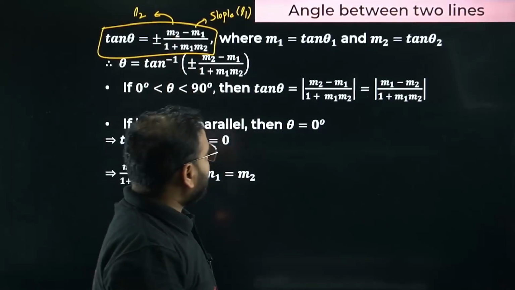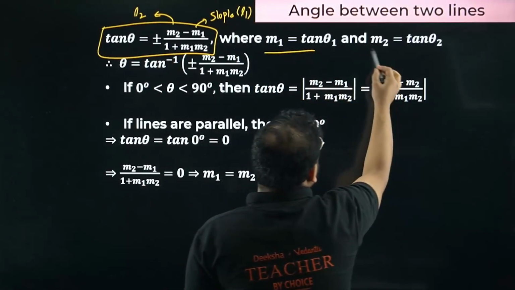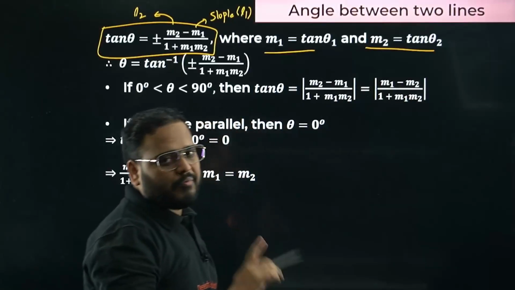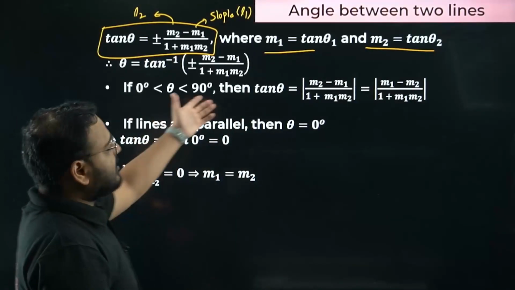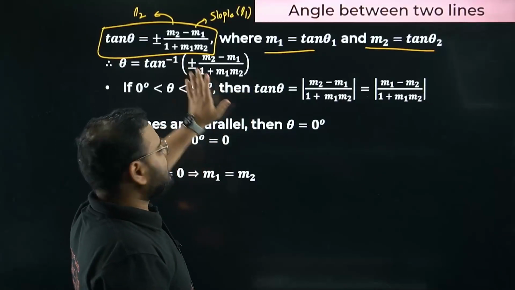M1 is tan theta 1 and M2 is tan theta 2. So theta will simply be tan inverse of the given fraction. Again, there is a plus or minus sign.